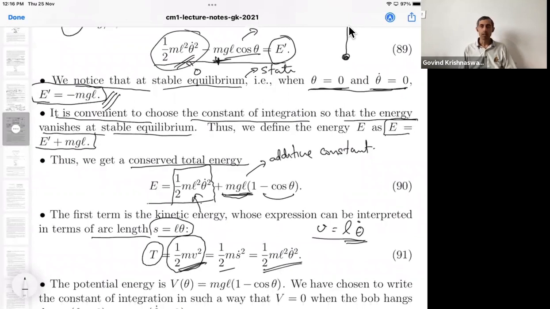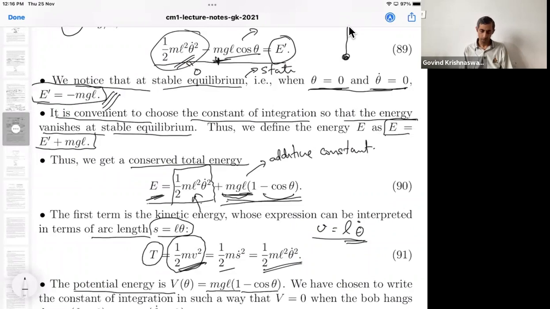Any questions so far? If not, let us now proceed to the potential energy, which is the remaining term here in equation 90. The potential energy has been defined as mgl times 1 minus cosine theta. Notice that it is an additive term in the energy.